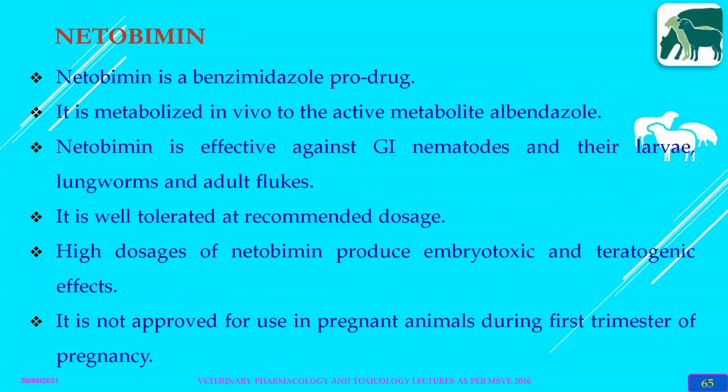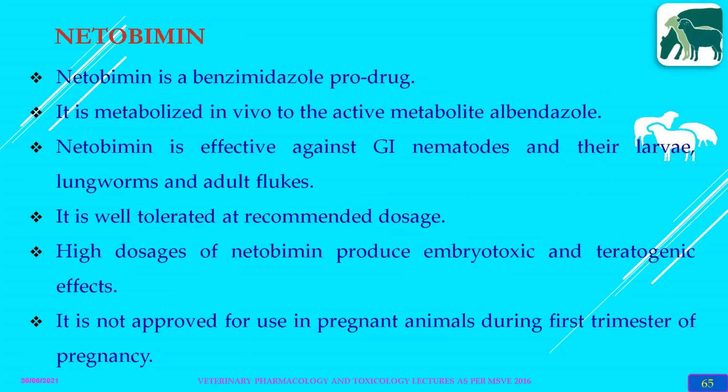Then netobimin is a benzimidazole prodrug. Almost all the properties are similar, but its active metabolite is albendazole. So nothing more to tell here; all the activities are very similar to that of albendazole. It is well tolerated and also effective against lungworms and adult flukes. High dosage of netobimin produces the same thing, the embryotoxic and teratogenic effect.